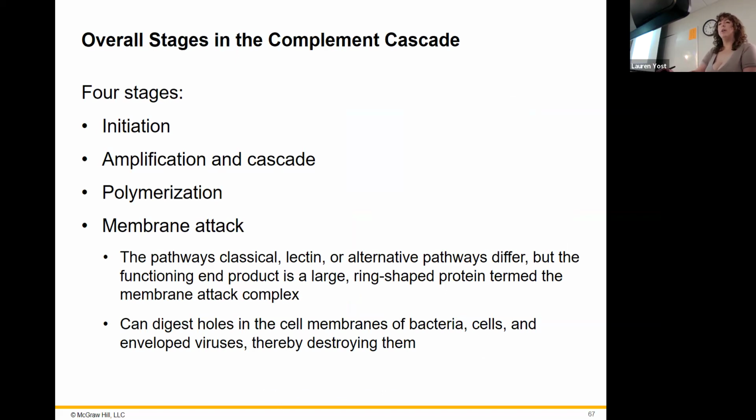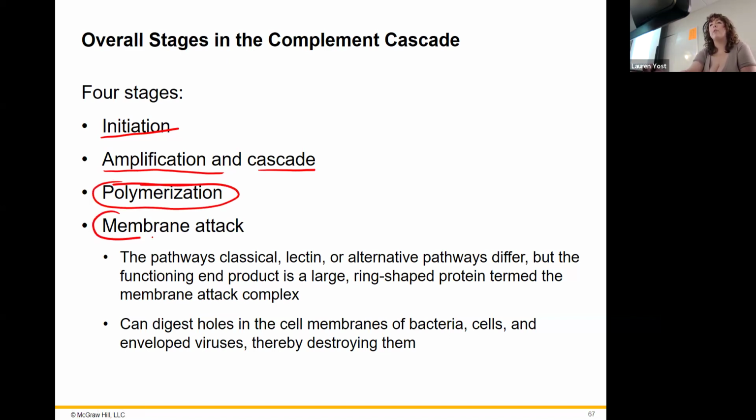All right, the four stages of complement start with initiation. Something interacted with our complement proteins that were always floating around, via pathway 1, 2, or 3. That gets amplified, and then we have development of the cascade. They will then polymerize. They usually bind with one another and then form the membrane attack complex.